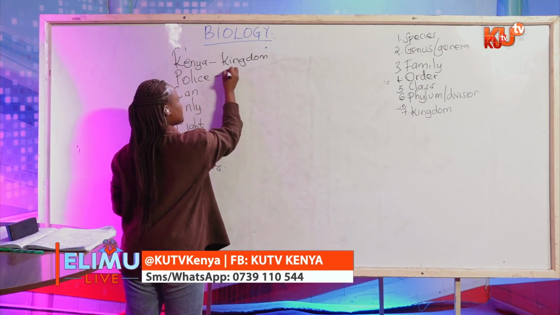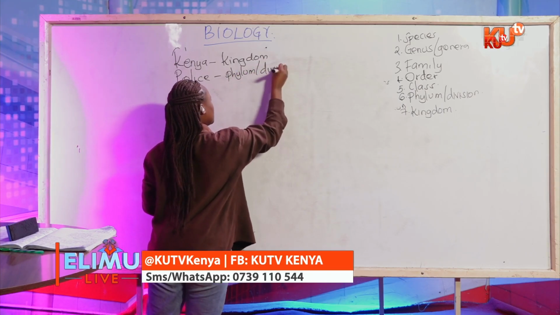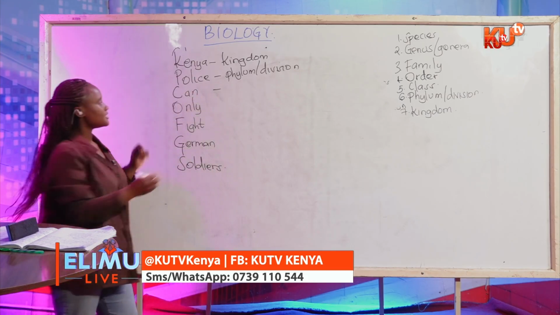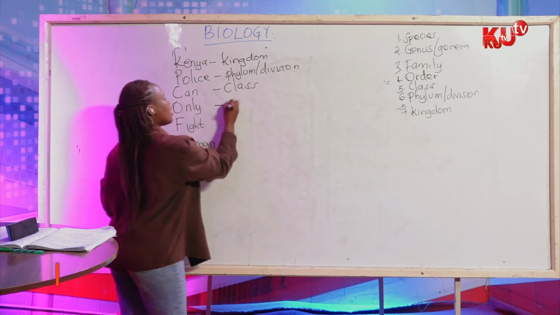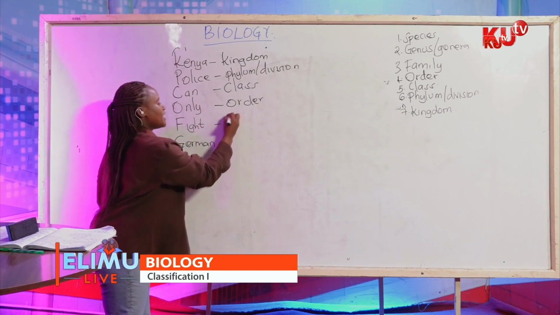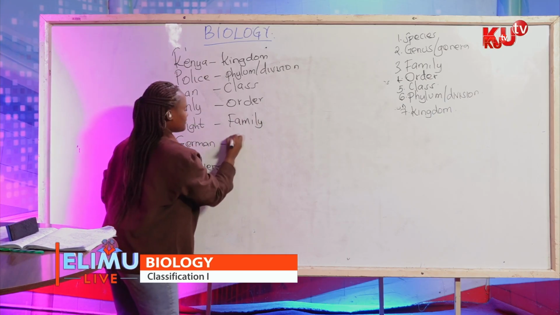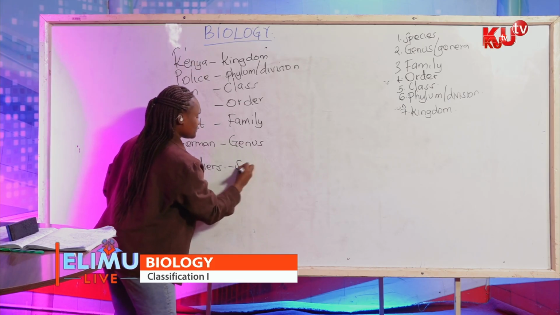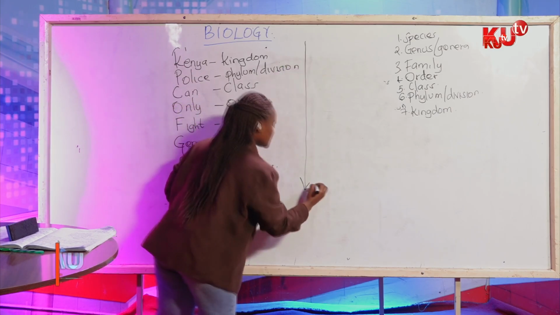These represent the phylum, stroke division in plants, phylum in animals, and then can, this is for class, and then only, order, and then fight, family, and then German, we have genus, and then soldiers, we have the species. So this is from the largest to the smallest.